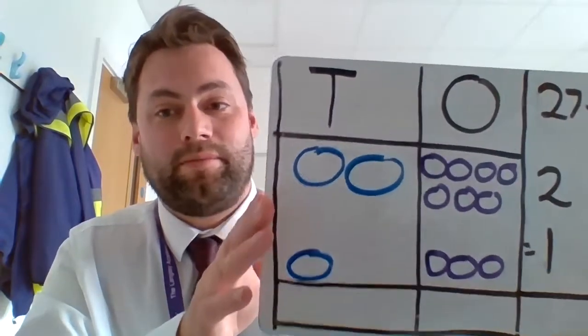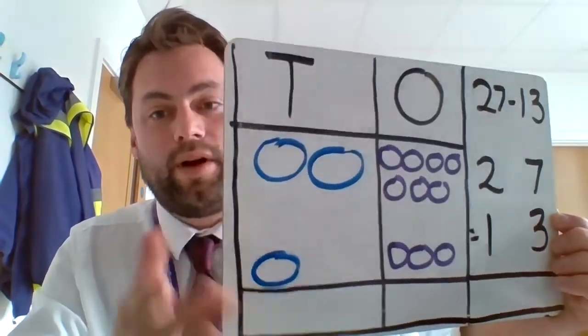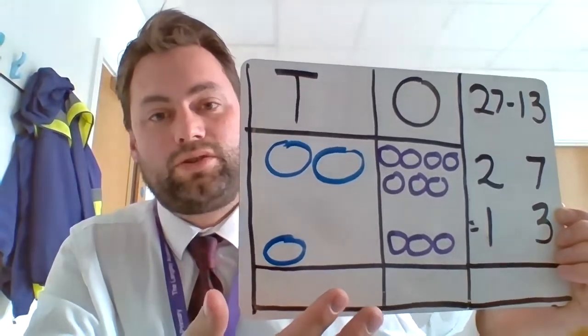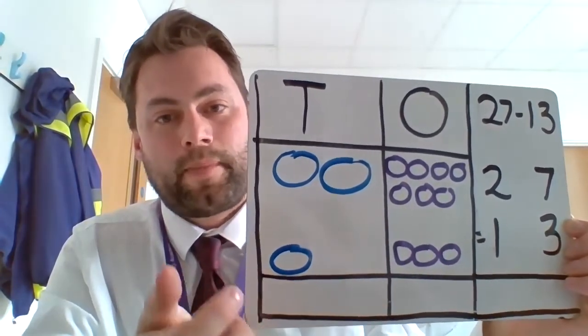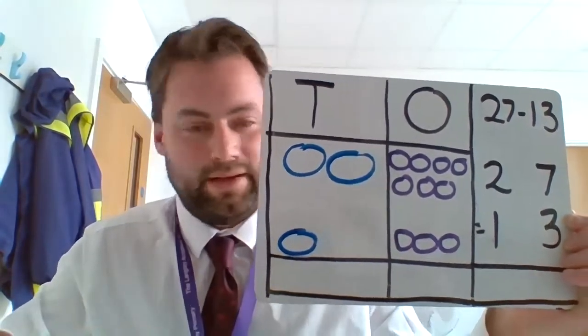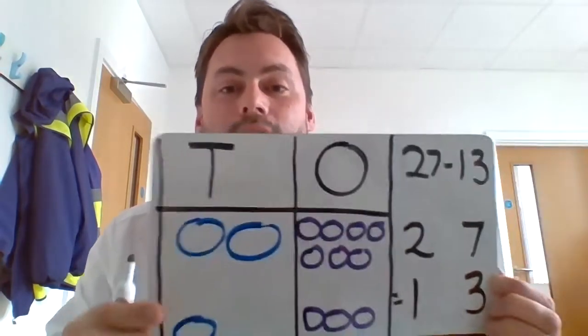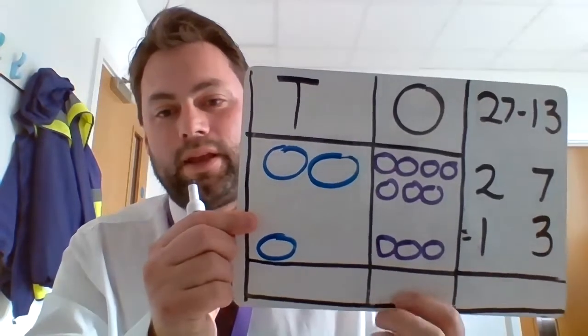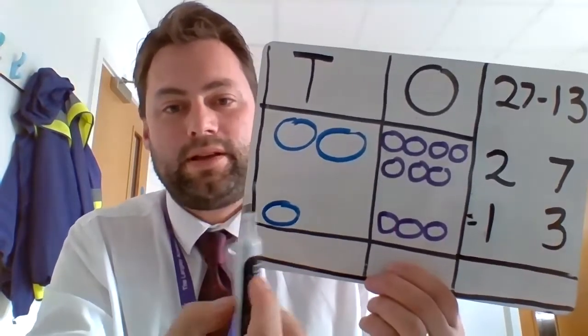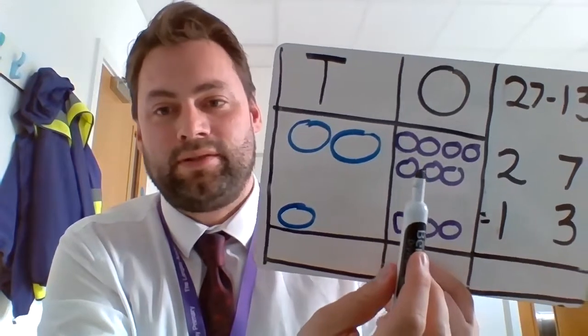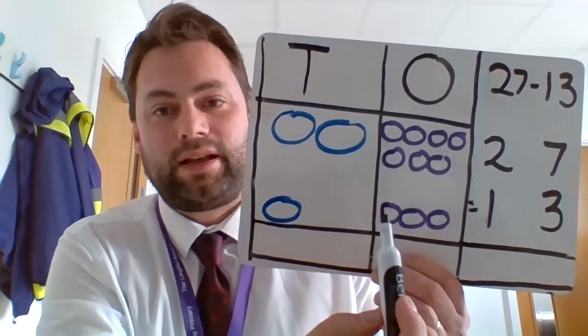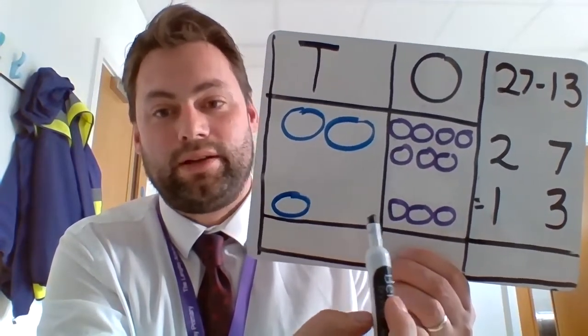And when we take away numbers like this, we always start with the ones, and then we move over to the tens column. Okay, so in pictorial format here, I have to get my pen. Here we are. So here we've got, start with the ones. Over here we've got 7, and we're taking away 3 down here.